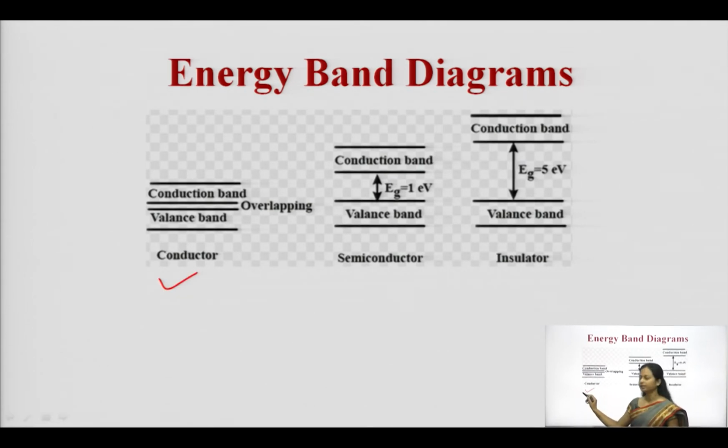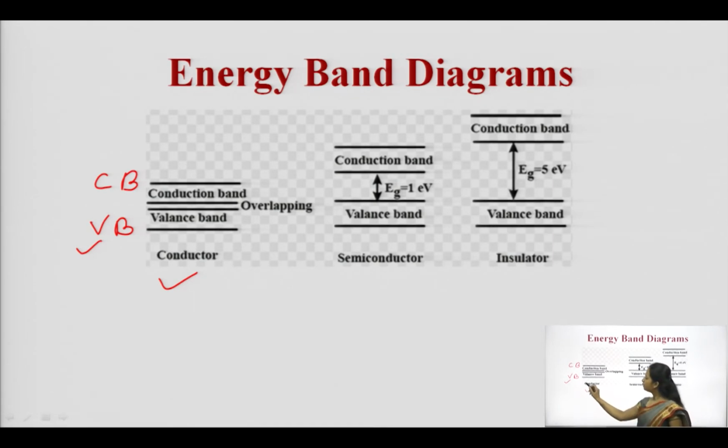See, in case of conductor, you can see there is a valence band and the conduction band. What is valence band? Valence band is generally occupied by the electrons. And what is the conduction band? Conduction band carries free electrons, which is actually responsible for the conduction process.